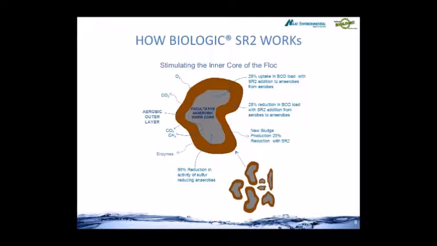And when we hit this floc with our micronutrient, we are stimulating the inner core of that floc, which is normally quite dormant, to take up about 25% of the incoming BOD load and convert that BOD anaerobically rather than aerobically. So we see a 25% drop in oxygen demand in the aeration section of a plant, and we see a 25% to 30% reduction in the formation of new biosolids.